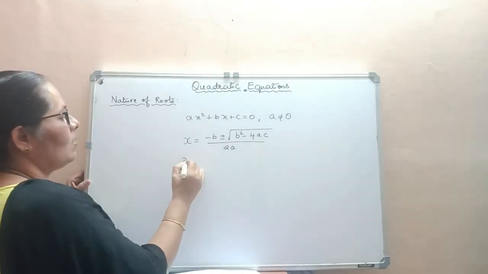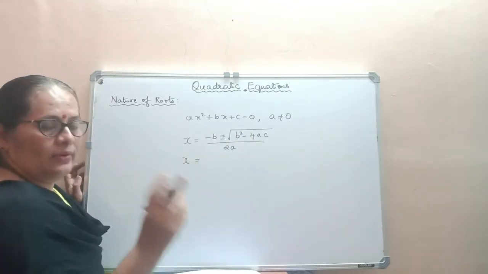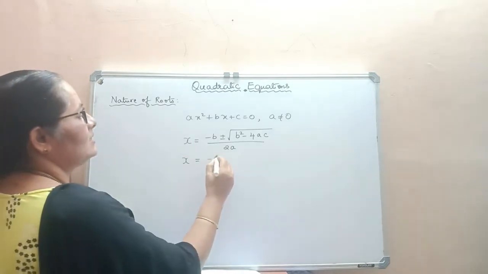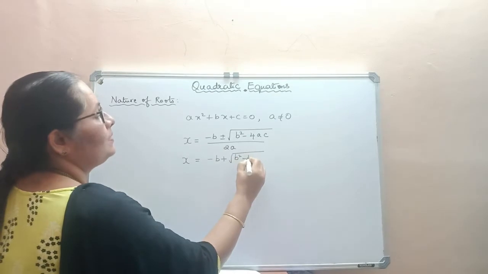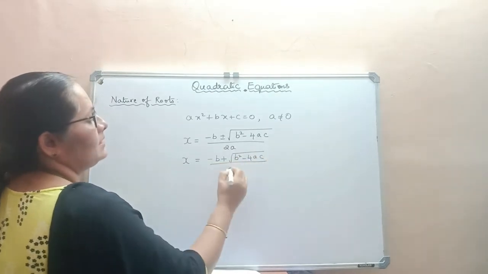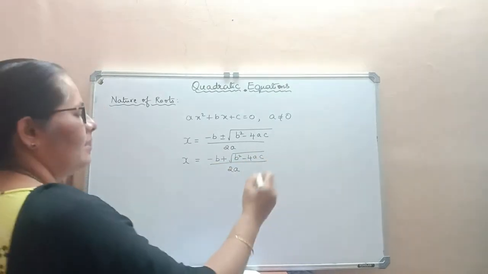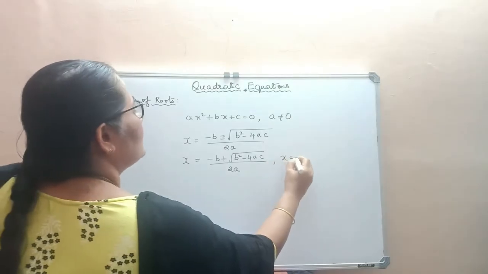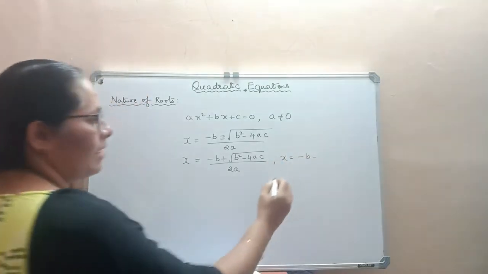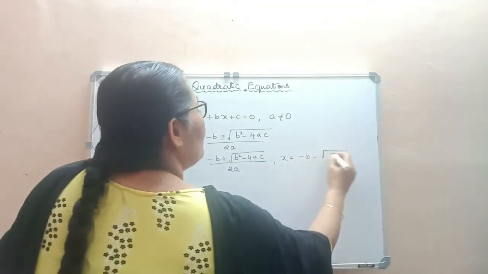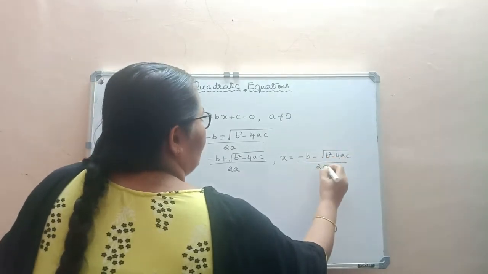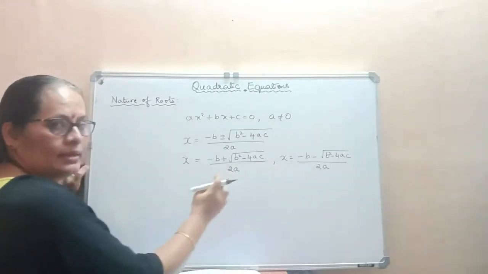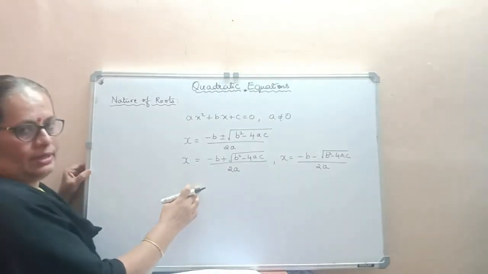So for any quadratic polynomial, we will get two solutions, that is x equals minus b plus root of b square minus 4ac divided by 2a, and the other one is x equals minus b minus root of b square minus 4ac by 2a. So these two are the solutions of the equation.